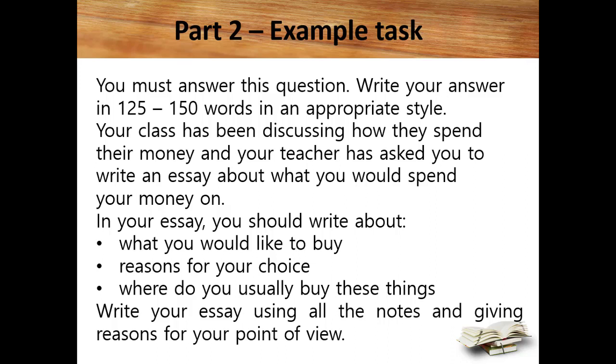In your essay, you should write about what you would like to buy, the reason for your choice, and where you usually buy these things. You have to write your essay using all the notes and giving reasons for your point of view.